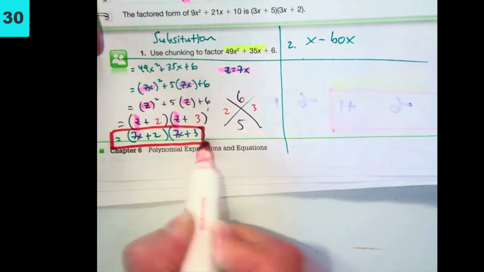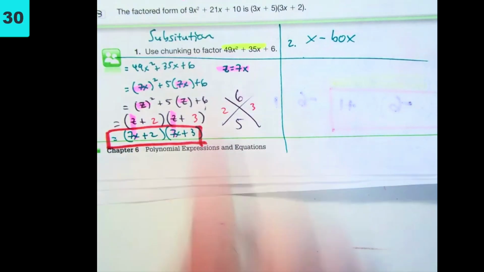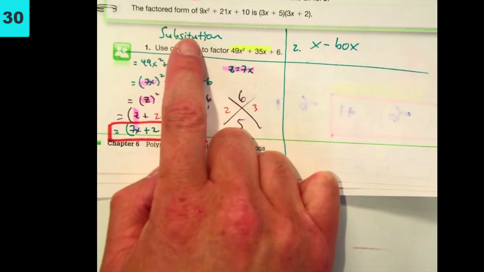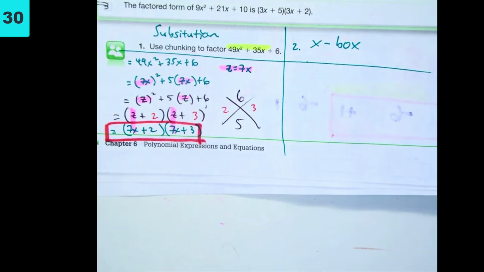So I showed you guys factoring by using chunking or substitution, and now I'm going to show you guys how to factor the same problem using the Xbox method.